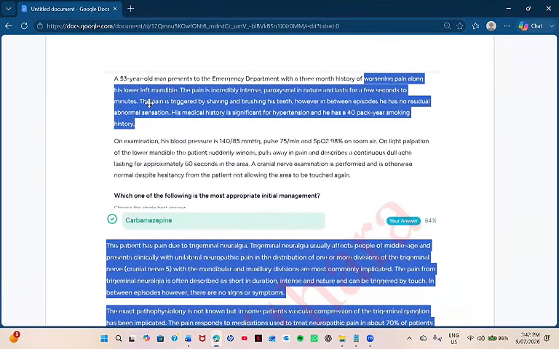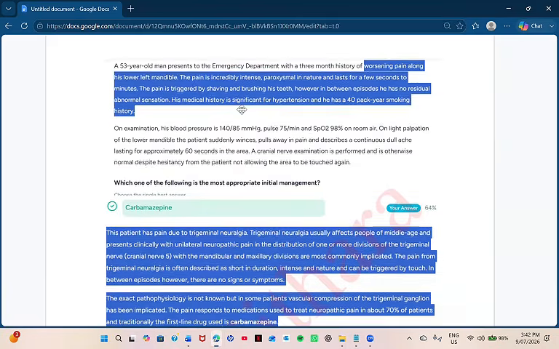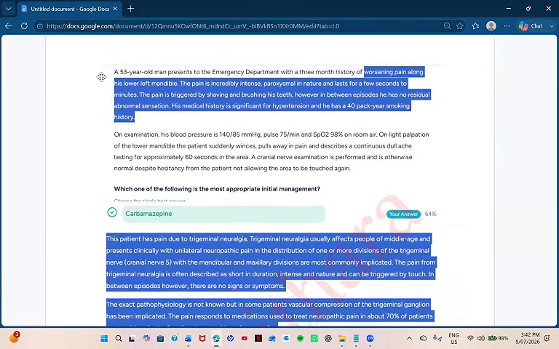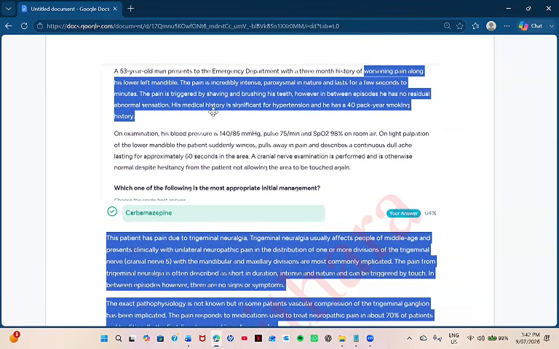Here is a scenario: a 53-year-old man presents to the ED with worsening pain along his lower left mandible. The pain is incredibly intense, paroxysmal in nature, and lasts a few seconds to minutes. It is triggered by shaving and brushing his teeth. However, in between episodes he has no residual abnormal sensation. His medical history is significant for hypertension, and he has a 40-pack-year smoking history.